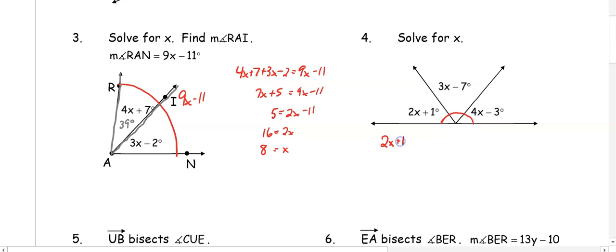So 2x plus 1 plus 3x minus 7 plus 4x minus 3 is equal to 180 degrees. So we get 9x minus 9 is equal to 180. We can add 9 to both sides. So 9x equals 189 degrees. When we divide, x is 21.